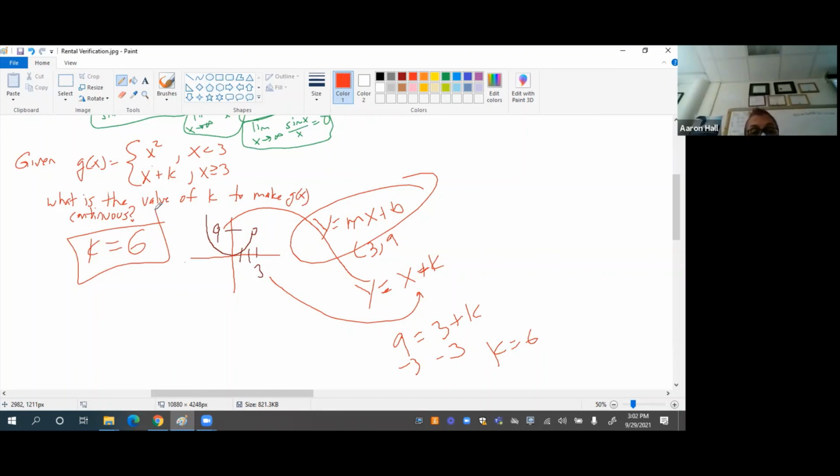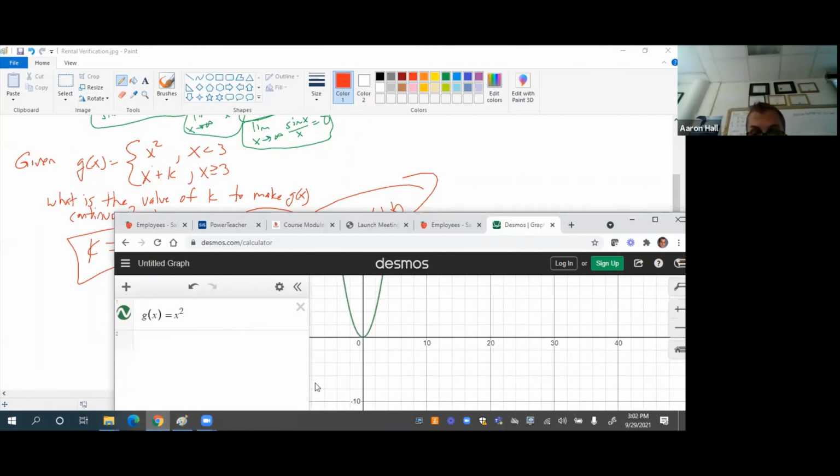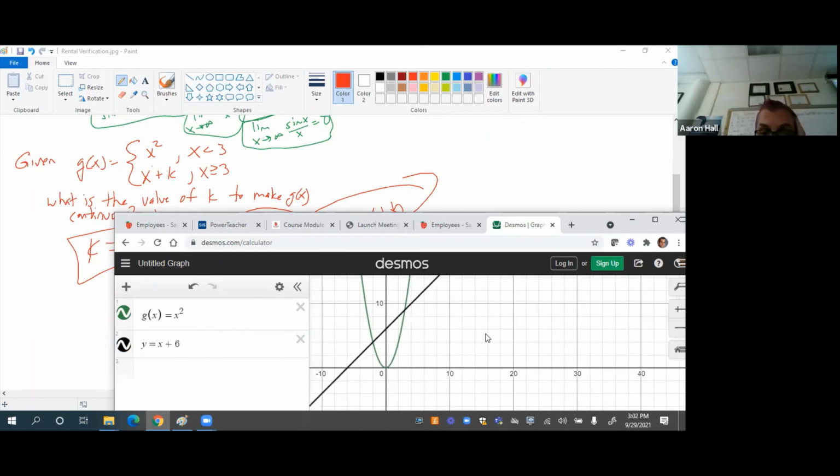Okay. Let's look at how this looks in Desmos. So I have g of x equals x squared, and then my other one is y equals x plus 6. So let's make sure.